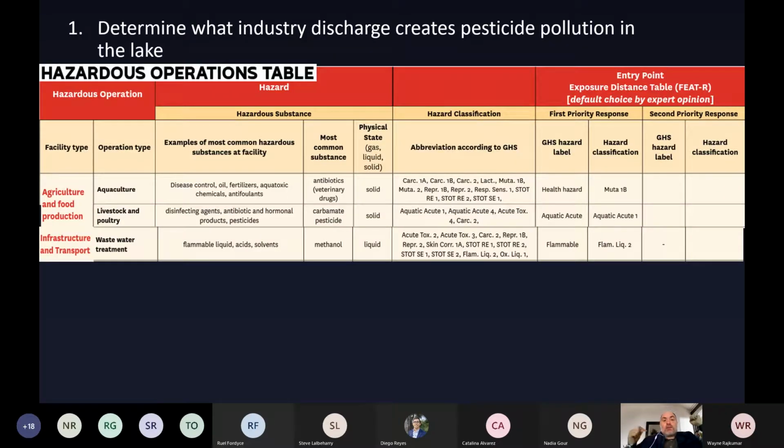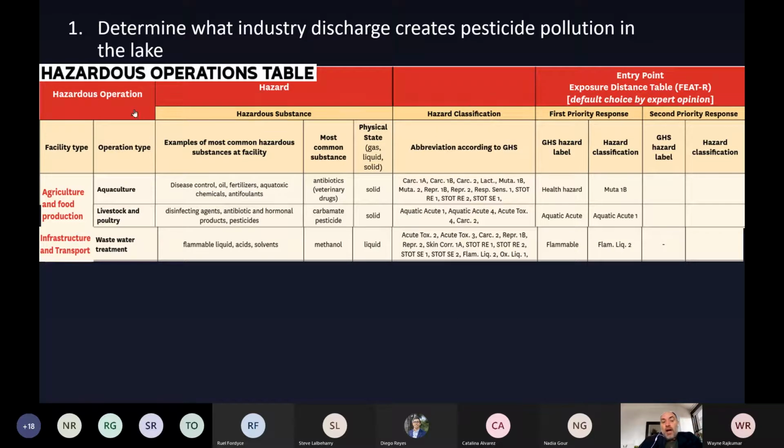So then we have to go to the hazardous operation table. I've just broken here the big title of the table, and I broke some of the sectors of the facility types that were included. I didn't bring the whole table, but I just cut and pasted those sectors that were mentioned in the story problem.